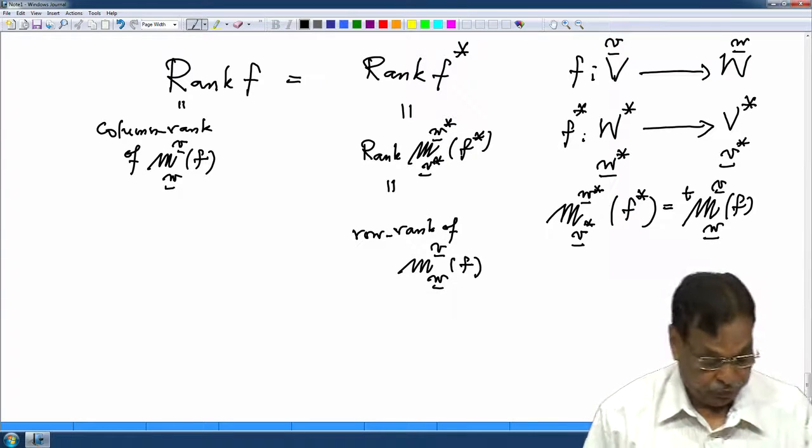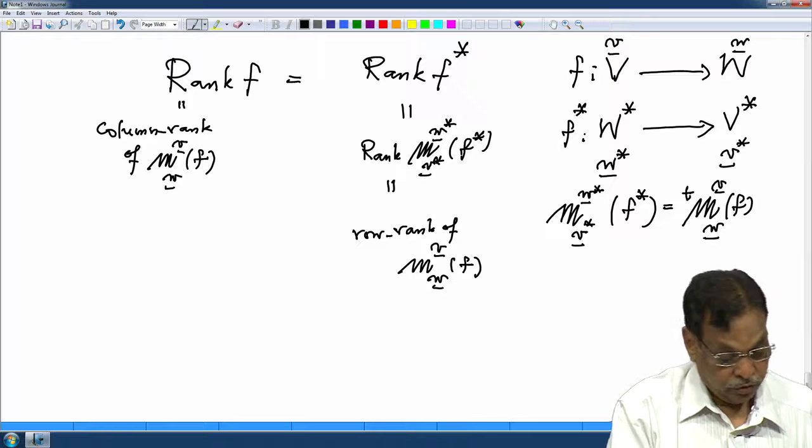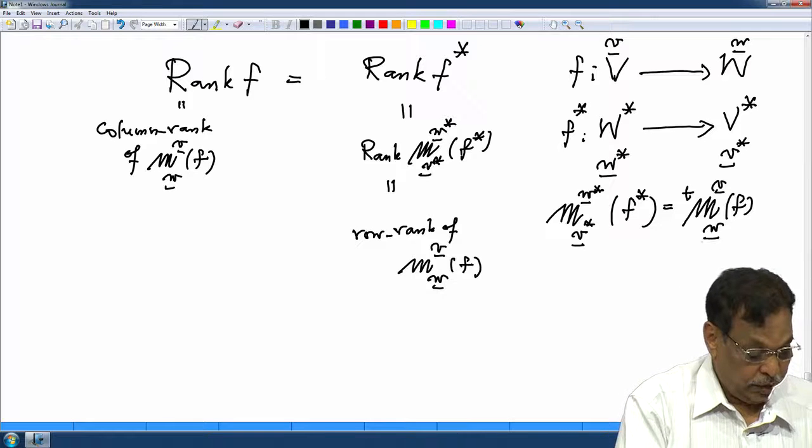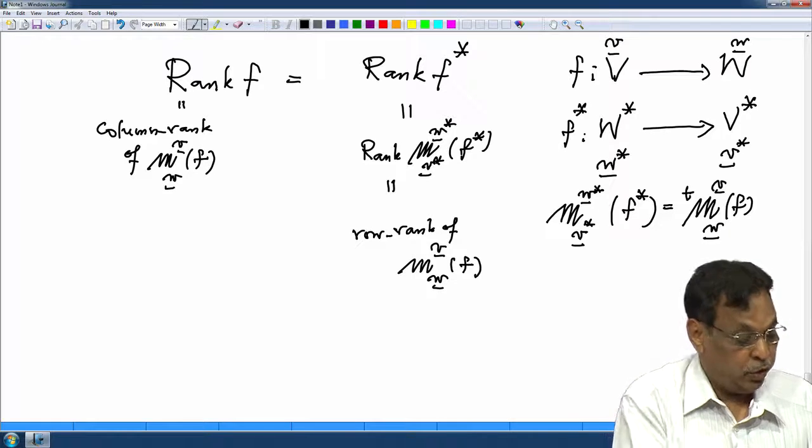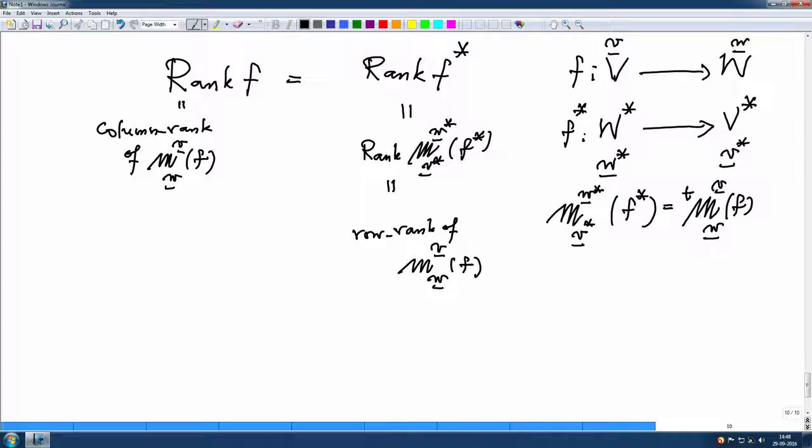Okay, now let us come to the computational part. So, now I want to address, let me write this as an example, computation of ranks.